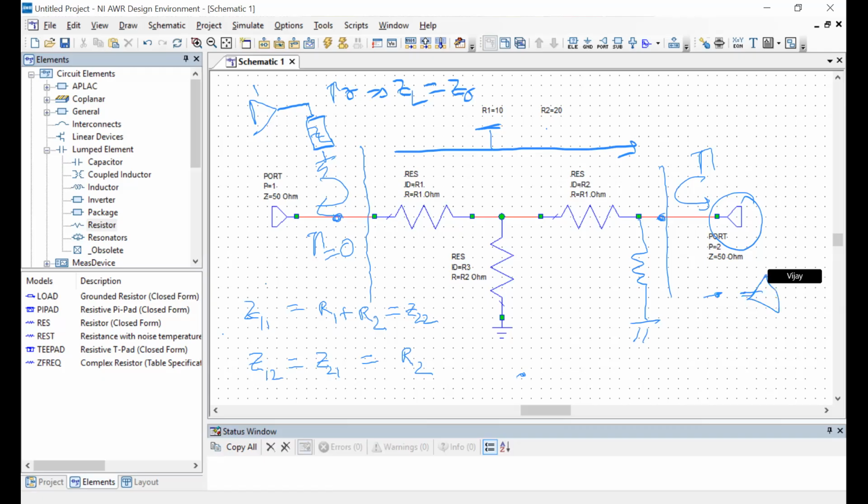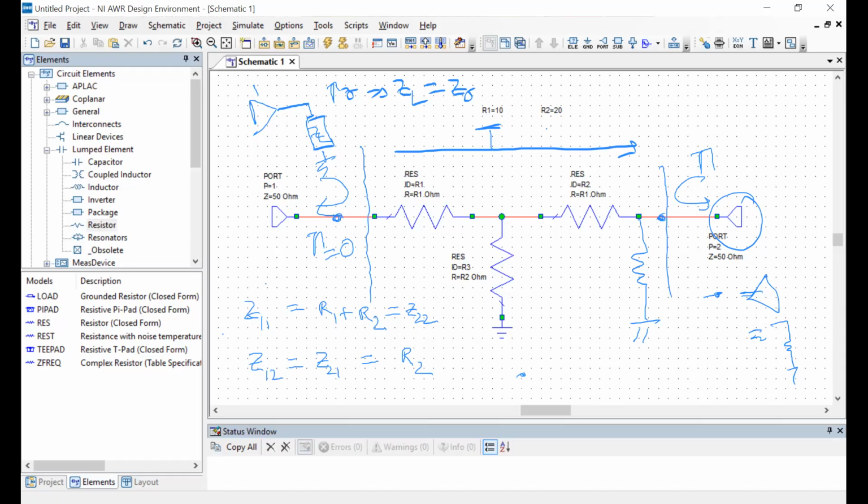This port is equivalent to a 50 ohm resistor to ground, and there could be a voltage source here. So one has to be careful about this: if this port is connected in Microwave Office, it could have slightly different effects when you're measuring a certain quantity, as opposed to when you don't want any current to be flowing, in which case you might have to disconnect this connection here. It doesn't mean that the port goes away, unless of course you're measuring cross things, in which case you cannot really do that. Right?